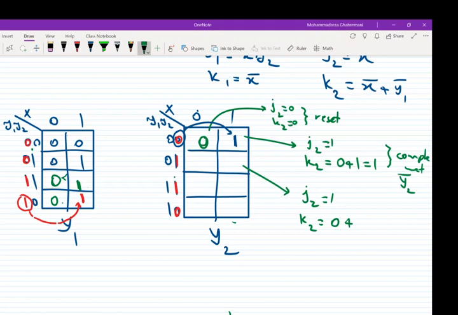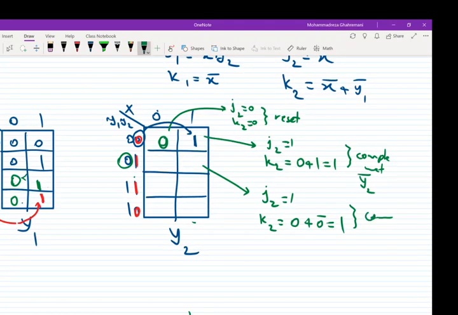Y1 is 0, so it's 0 bar, which is 1, so it is 1. So again it means complement, so we should put y2 bar. So y2 bar, again move, y2 is 1, so y2 bar is 0. It moves here.